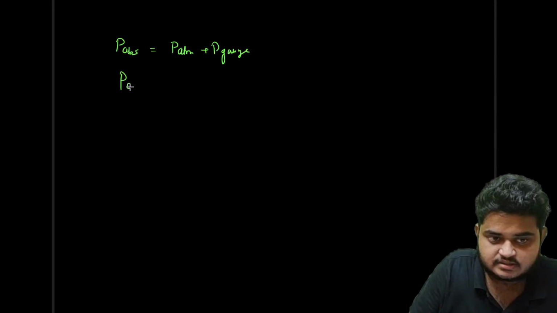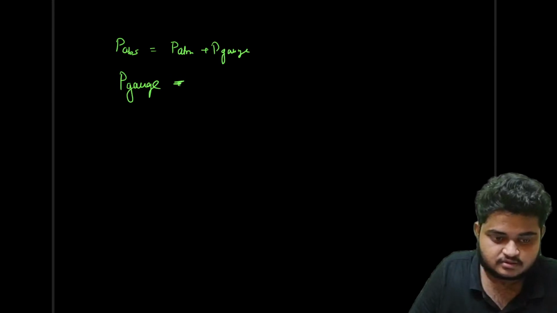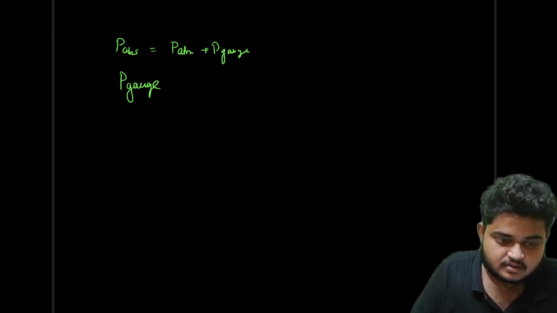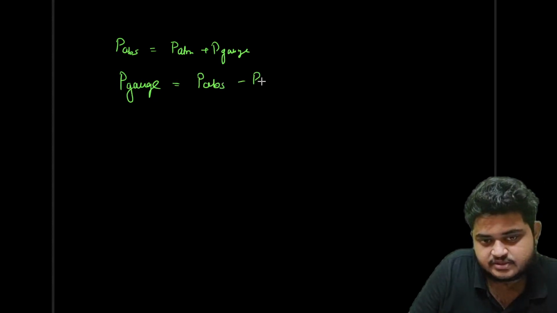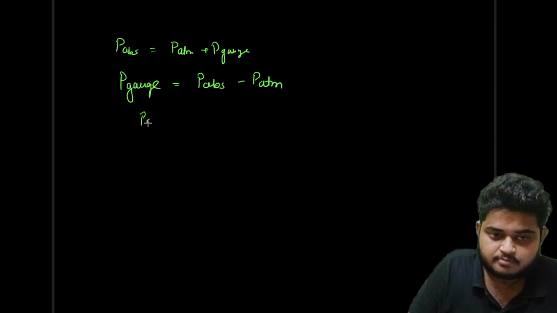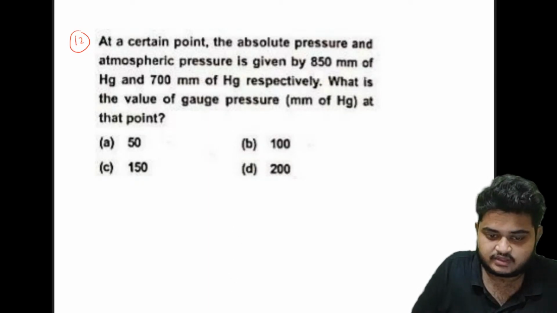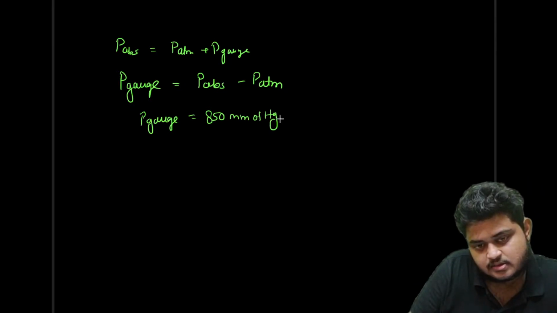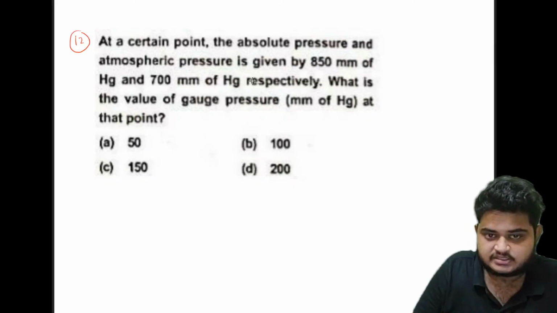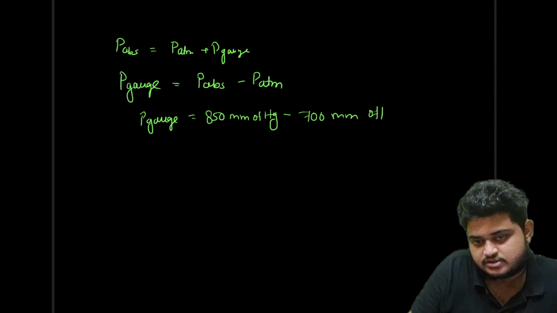So P gauge is equal to P absolute minus P ATM, and P absolute is given as 850 mm of Hg, minus P atmospheric, which is given as 700 mm of Hg.